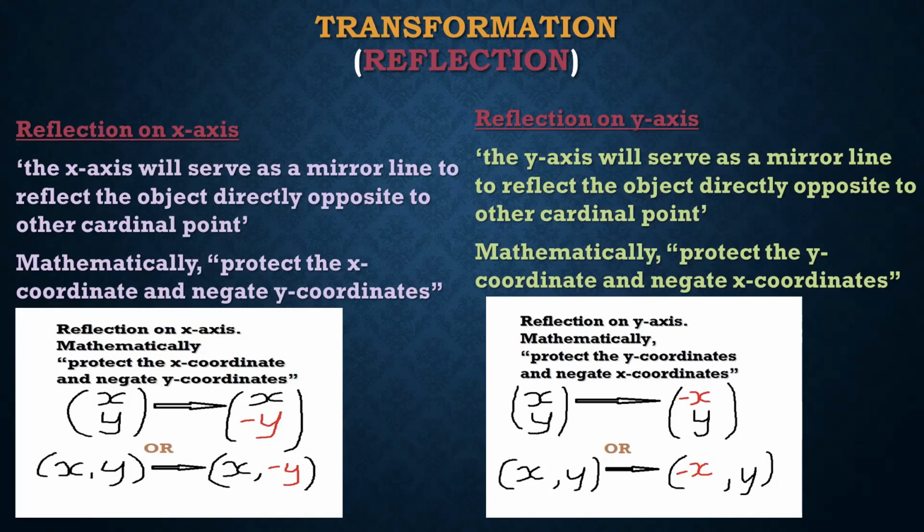When you talk about the reflection on the x-axis, the x-axis will serve as a mirror line to reflect the object directly opposite to other cardinal points. So when you say reflection on the x-axis, we use the x line as the mirror line to reflect the image to the opposite of the other cardinal point.